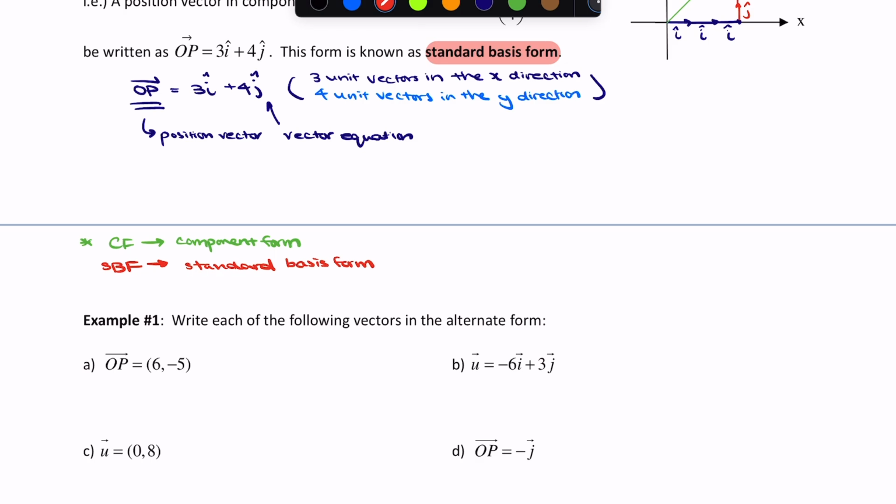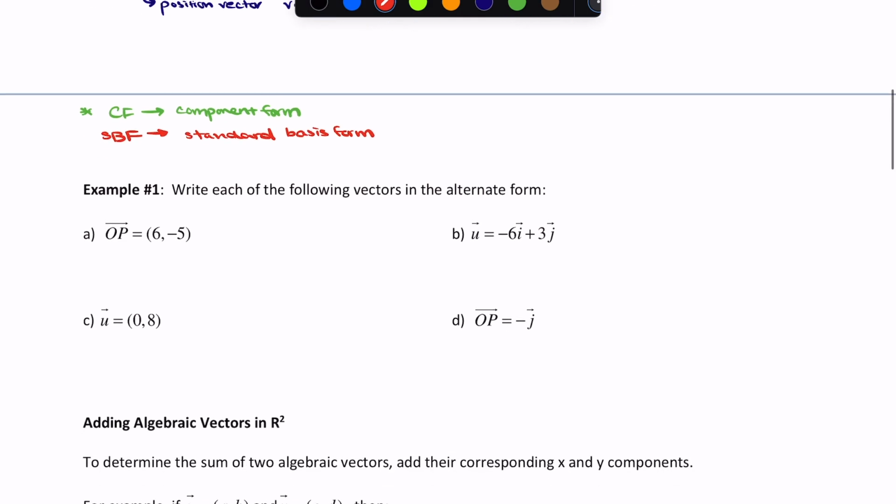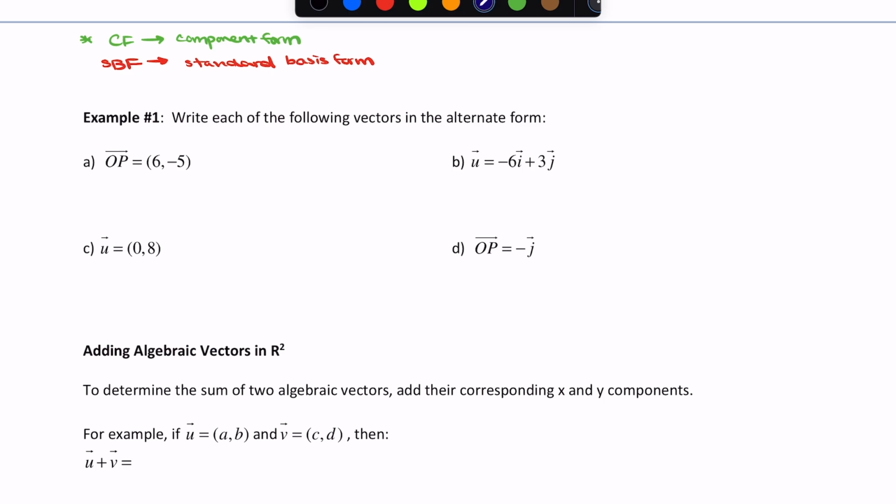In standard basis form here. So here it says, write each of the following vectors in the alternative form.